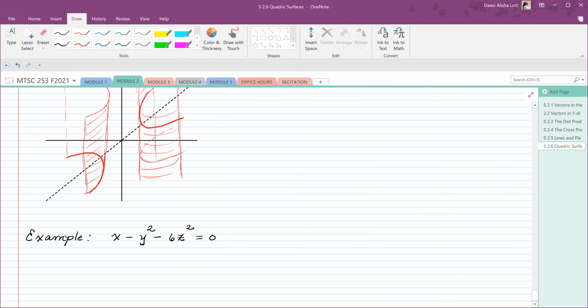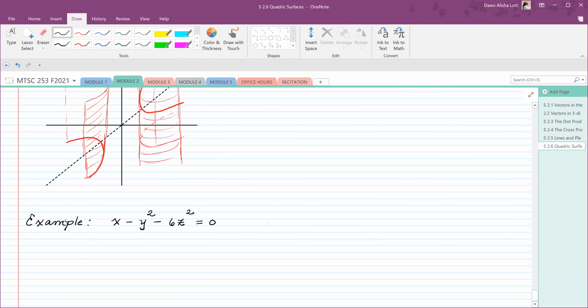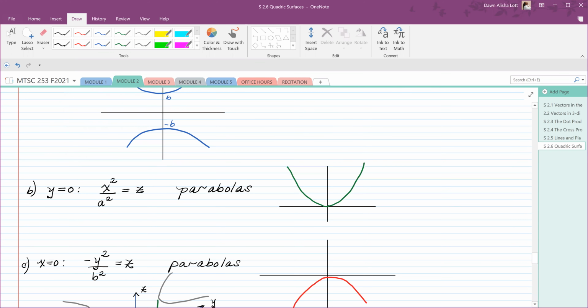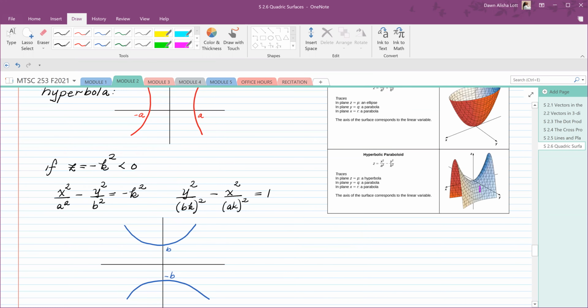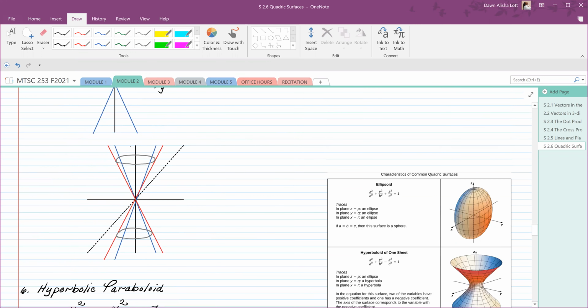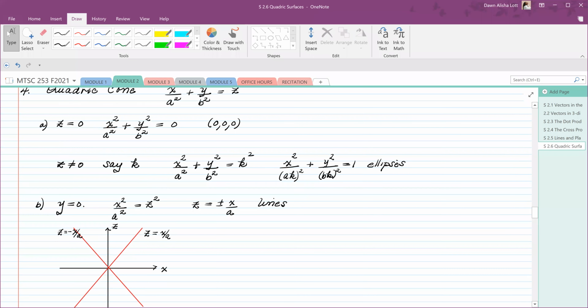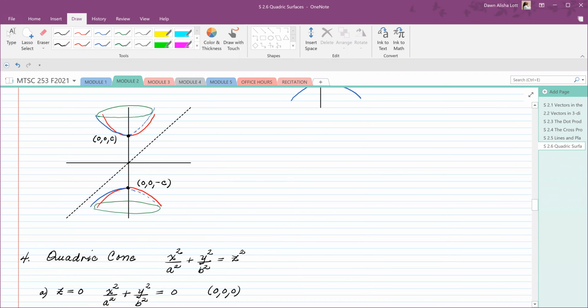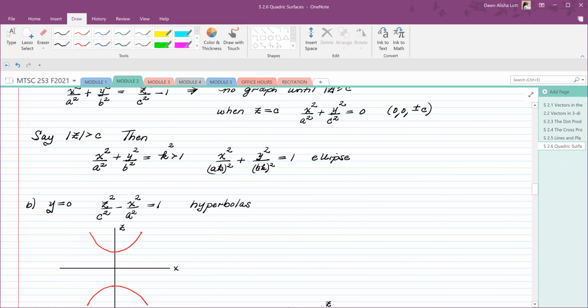So that says x is equal to y squared plus z squared. Well, that kind of looks like this one back here. Nope, it looks like that's a paraboloid. It's a paraboloid as soon as I get to it.